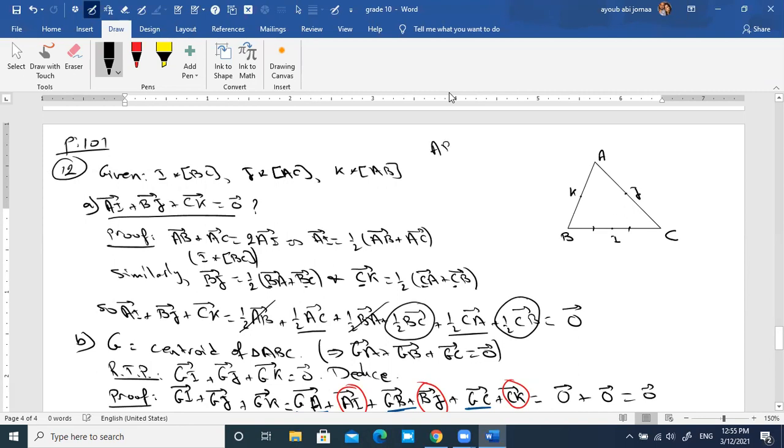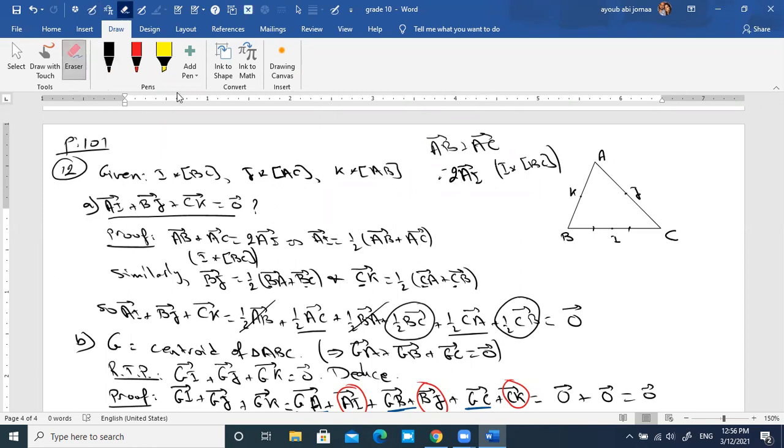AB plus AC is equal to 2AI, where I is the midpoint of BC, right? Yes, property, you know. So here, BA plus BC is equal to 2BJ. AB plus AC is 2AI. CA plus CB is 2CK.